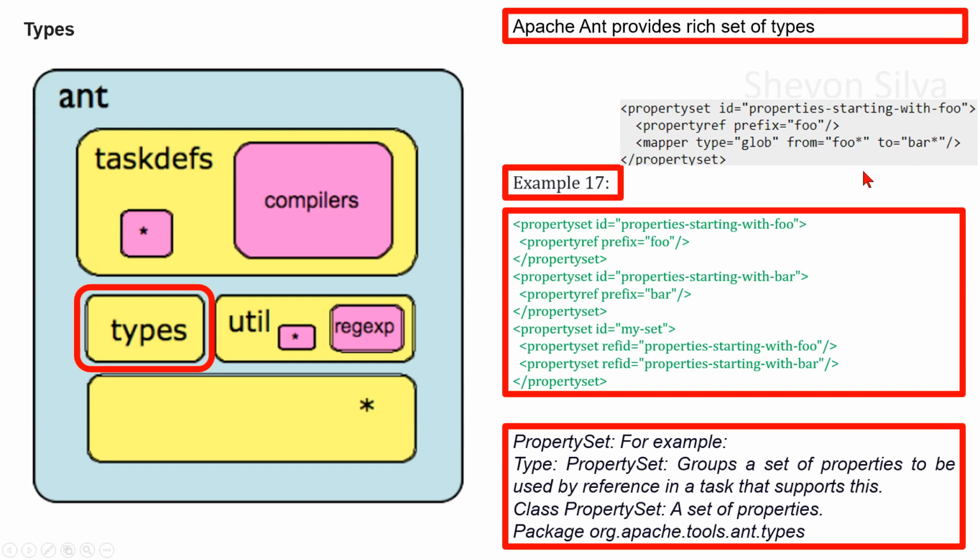If supplied, the nested mapper will be applied subsequent to any negation of matched properties.